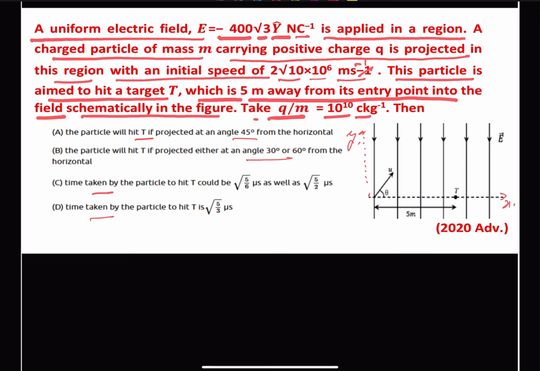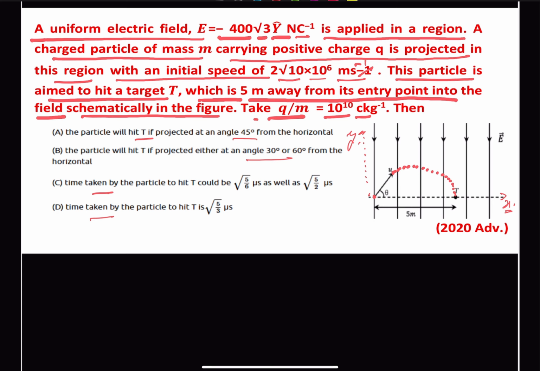From here the charged particle is making an angle of theta with our x-axis, and it is going to hit the target T, and we have to find out this value of theta.